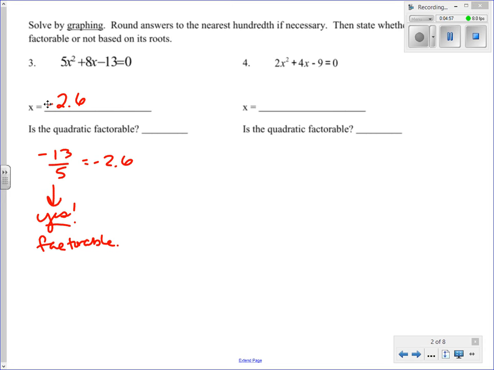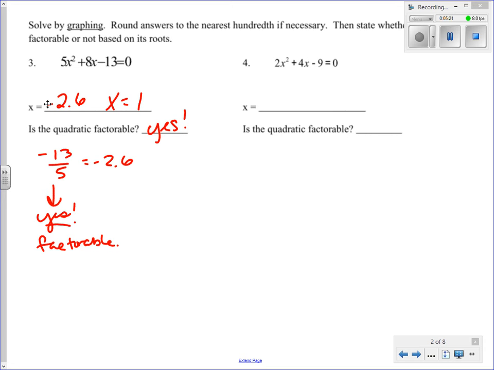Go ahead and you can do your second trace and do your right-hand side, which looks like it's going to be 1, but you can do it to make sure, and in fact it is 1. So we have our 2 zeros. So in looking at negative 13 over 5 and 1, they are both factorable. Those are rational numbers.